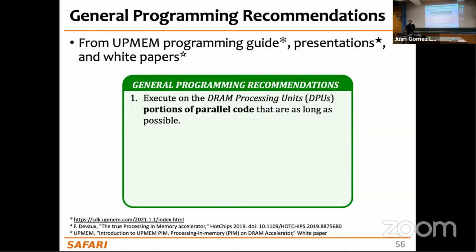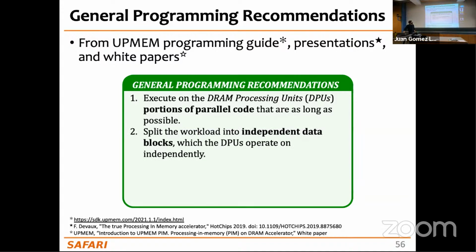So we obviously want to run parallel code on the DPUs, and also that they are as long as possible. This relates to something that for sure you're familiar with, which is Amdahl's law. The amount of speedup that we can achieve from a parallel system depends on the fraction that we are offloading, executing onto the parallel units, right? So that's why we want to run sequences, so portions of code that are as long as possible.